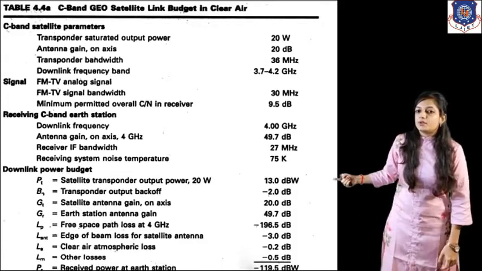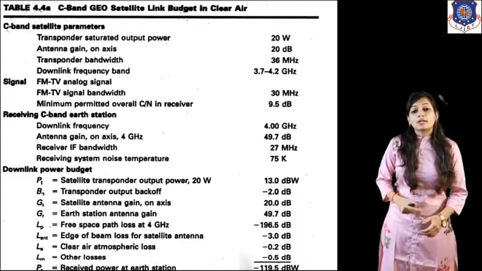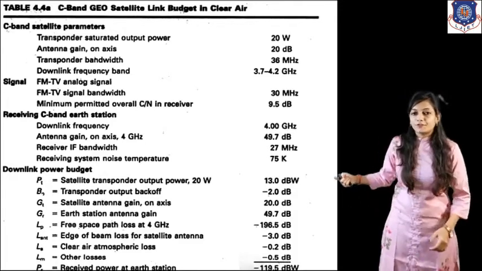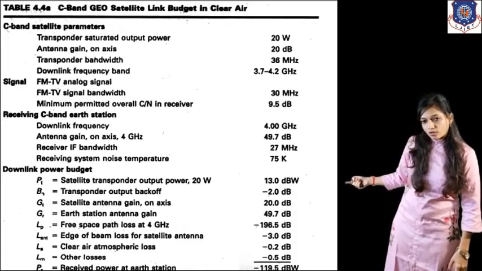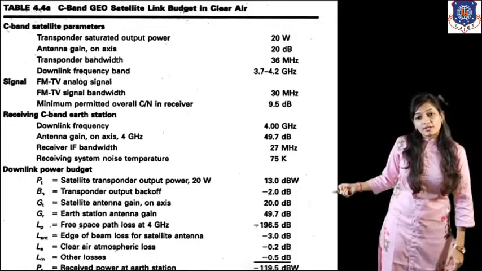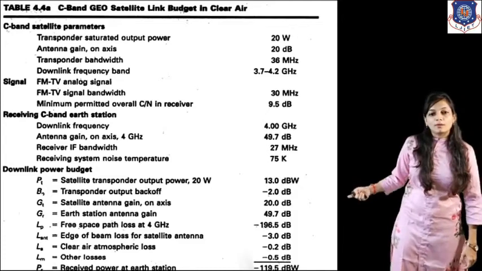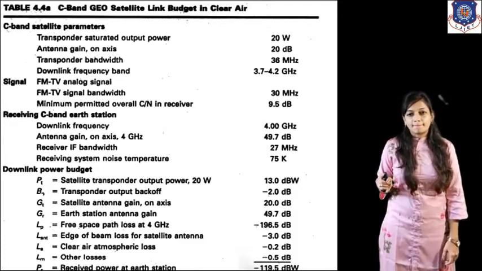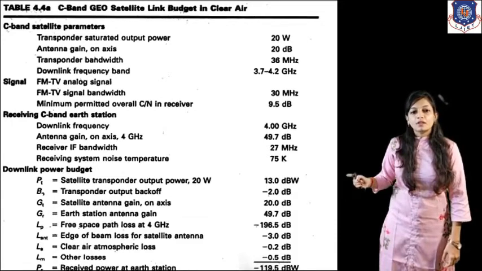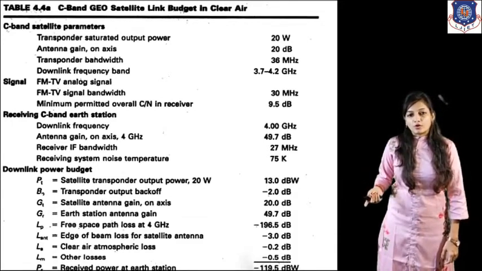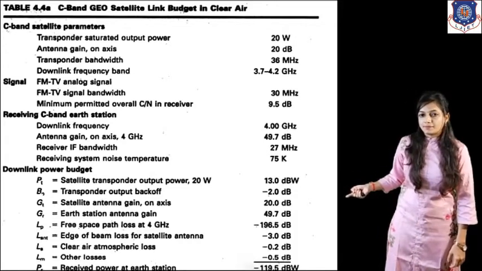Over here we are going to calculate a downlink power budget. For that, what are the different parameters we need? The first one is the satellite transponder output power, that is 20 watt. That 20 watt is converted to dBW by 10 log base 10, so 13 dBW will be the answer. Transponder output back off, which is already given, is minus 2 dB.